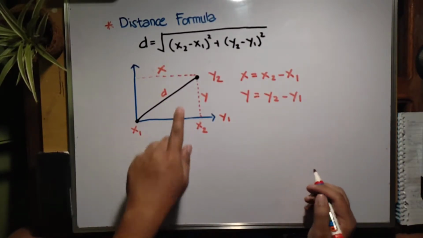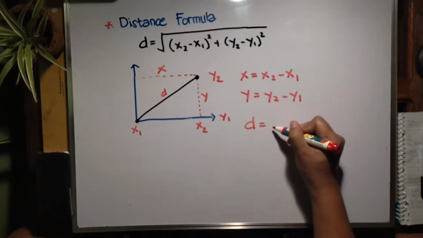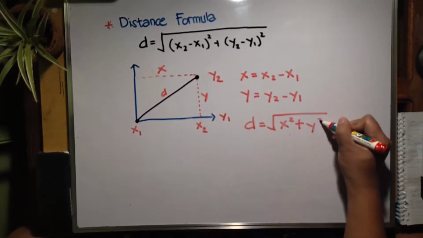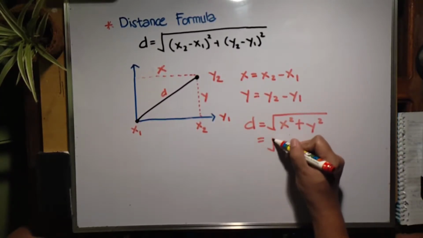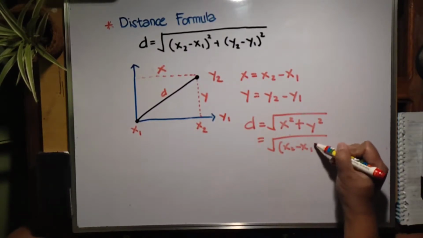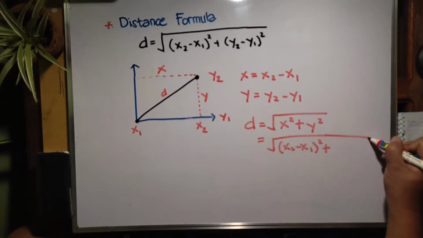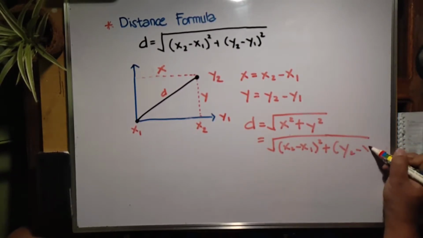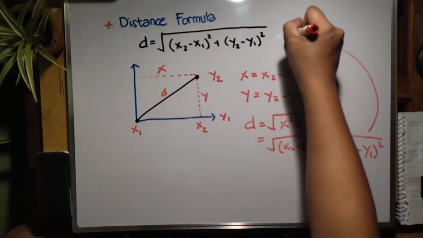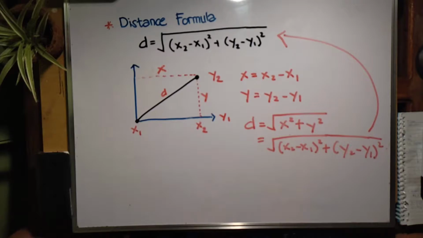So assuming d is the hypotenuse, d is just equivalent to the square root of x squared plus y squared, where x and y are x sub 2 minus x sub 1 quantity squared plus y sub 2 minus y sub 1 quantity squared. So it will just go back to here. So the Pythagorean theorem is the proof of this formula.